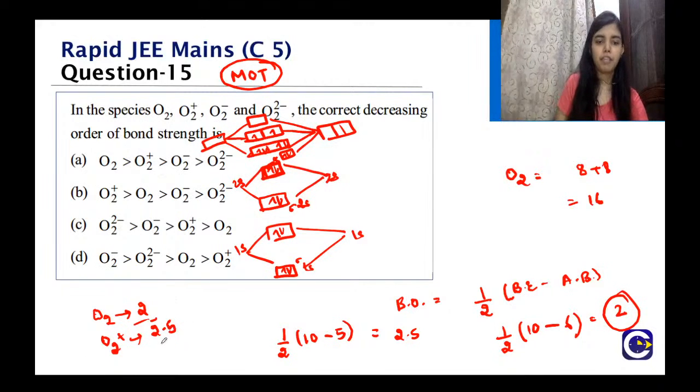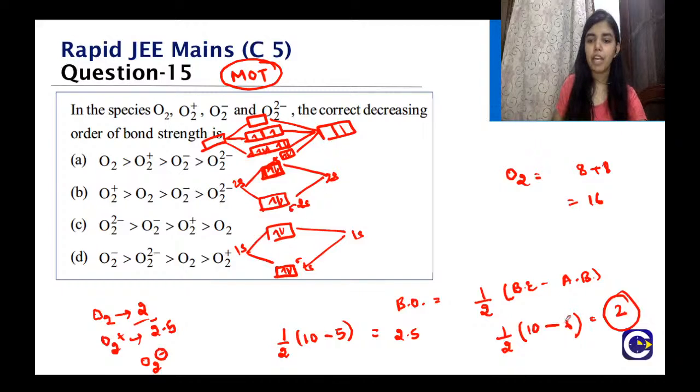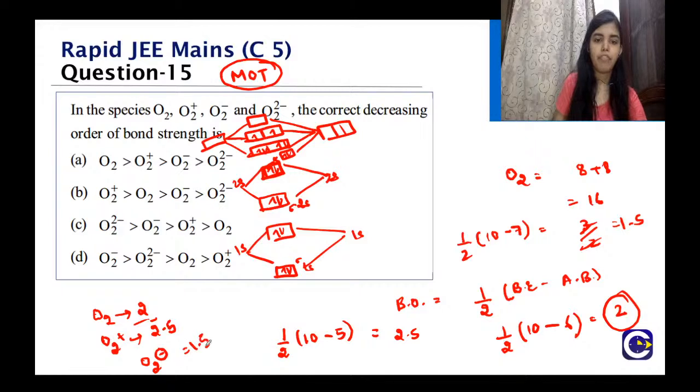For O2-, that means you add one electron in the anti-bonding, right? So this will become half into 10 minus 7, that is equal to 3 by 2, that is 1.5. So for O2-, it will come out to be 1.5. Now for O2 2-, 2 electrons you have to add to O2. So this will become half into 10 minus 8, that is equal to 1.